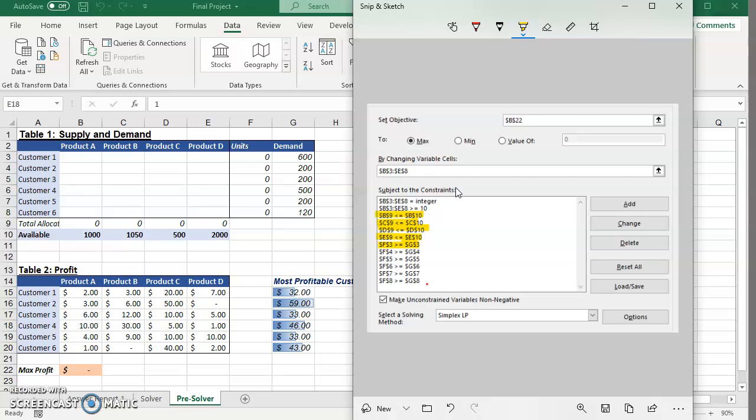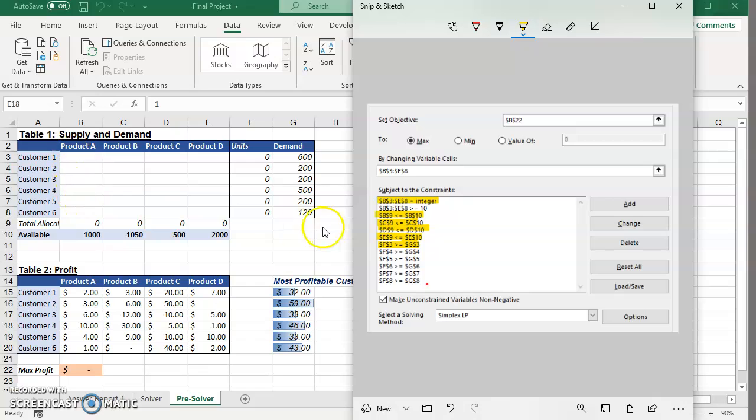Next, because we're dealing with the smallest units of measure, we cannot break down these products. I set up a constraint that the cells must be integers. And lastly, even though we're trying to maximize the profits, we don't want to have anybody not receive merchandise.